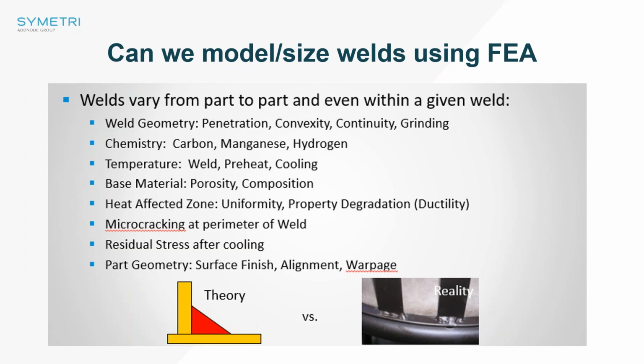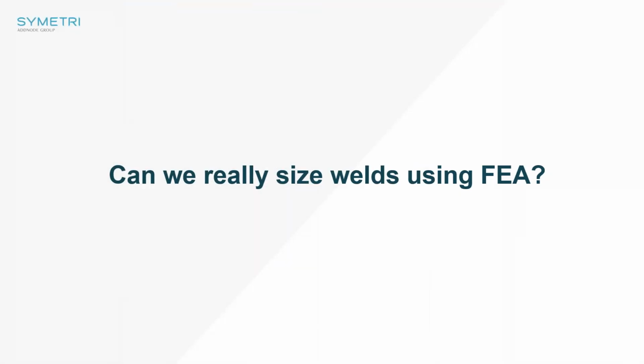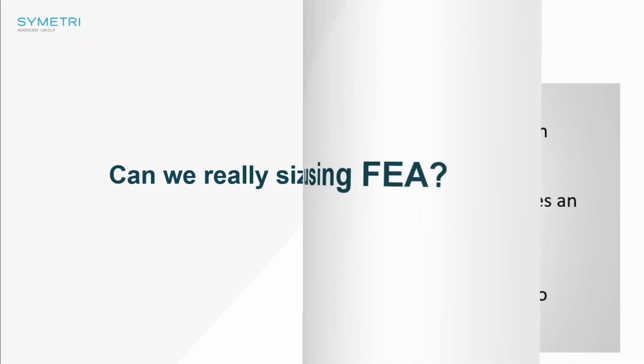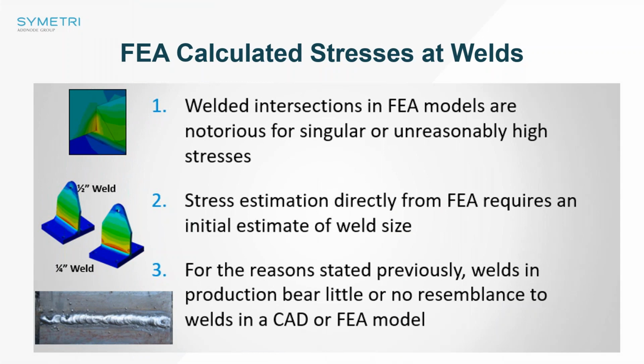And the real big question is, can we actually really size welds using FEA? Now, if you have been using FEA for some time and you have tried to model welds, one of the biggest issues we have is that we get hotspots or stress singularities or localized yielding.